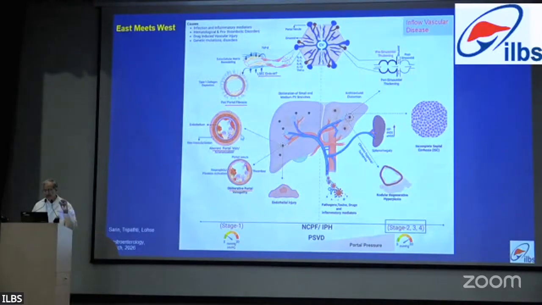This is classical OPV. Because of this, there is a type 1 collagen which deposits around the portal vein. This is periportal fibrosis, which is another classical feature of this.